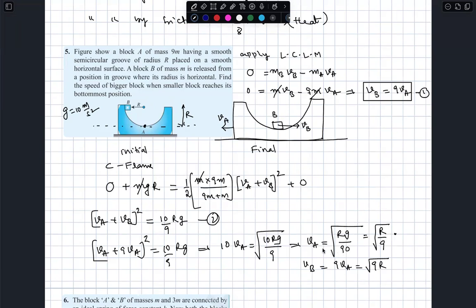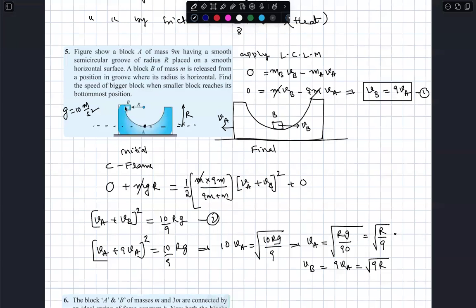So finally, I have given you the velocities for these situations. But please check whether my steps were correct. I have applied the law of conservation of linear momentum as the first step, which allowed me to obtain one equation: VB is equal to 9 VA. Remember why I marked 0?